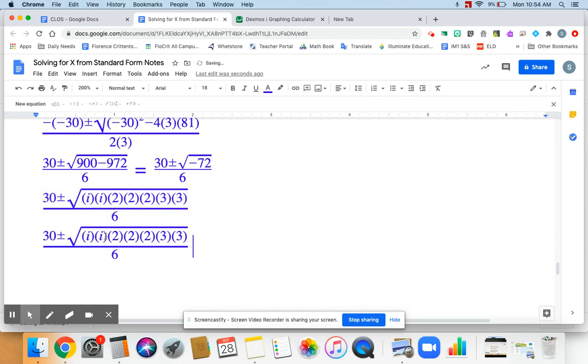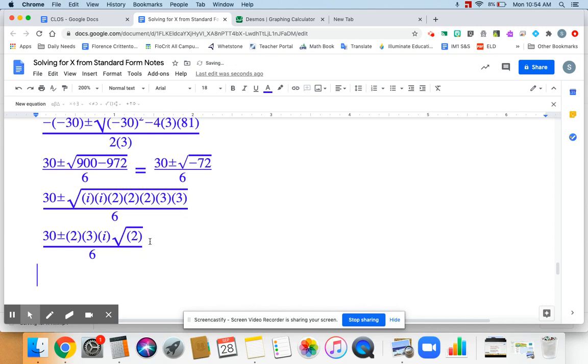So now if it's under there twice, like these two i's, I can delete them from under and put them out front. These two 2's, I can delete them from under and put them out front once. This 2 stuck, but these two 3's, I can delete them from under and put them out once.